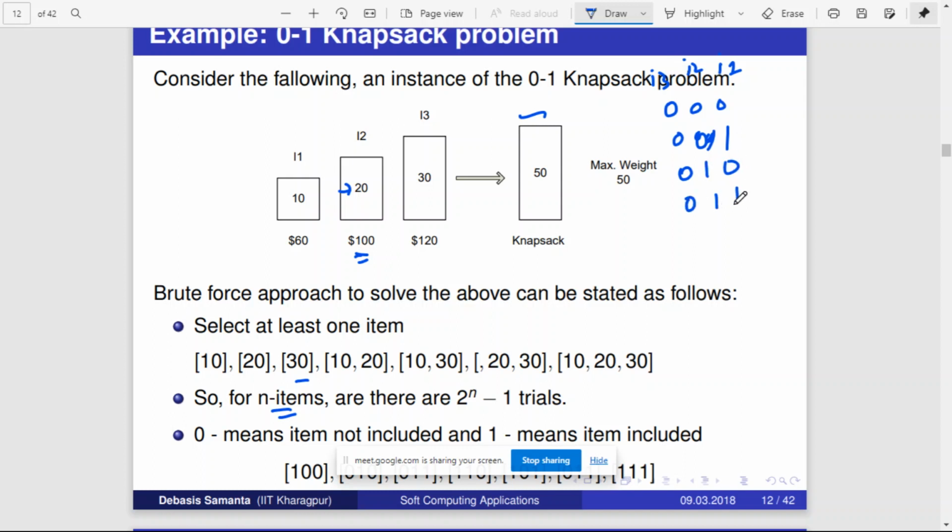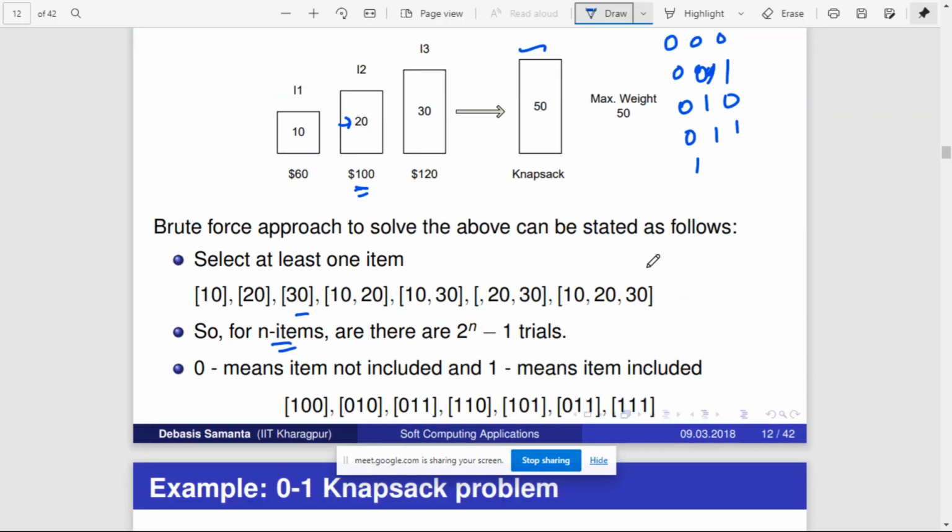This means he is taking item 1 and 2, and so on. So 0 means the particular item is not included, 1 means the particular item is included. So these are the different combinations we have: 7 combinations.